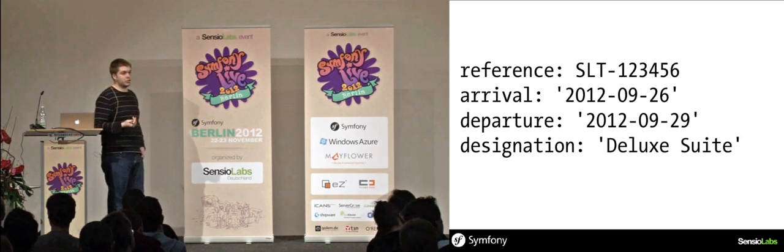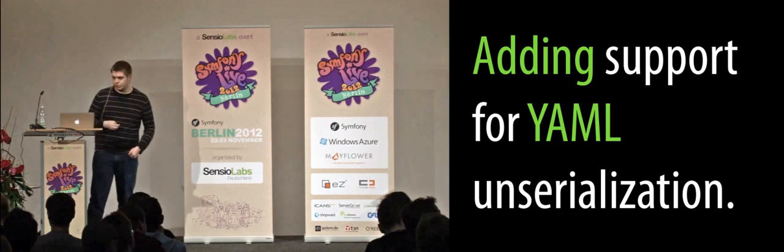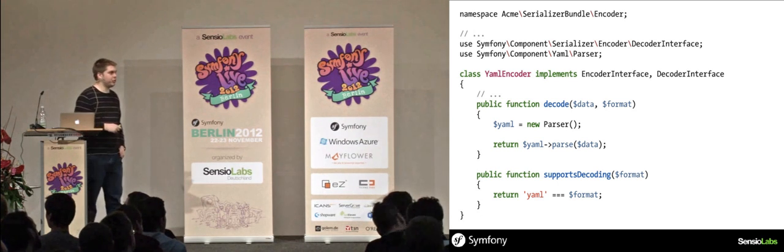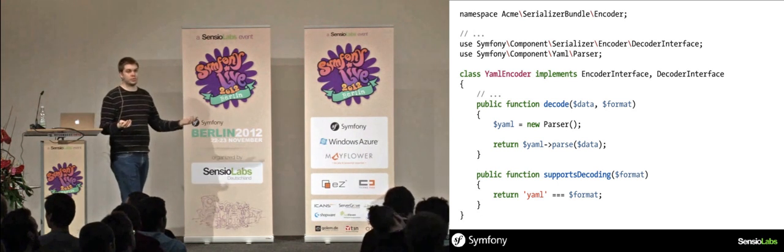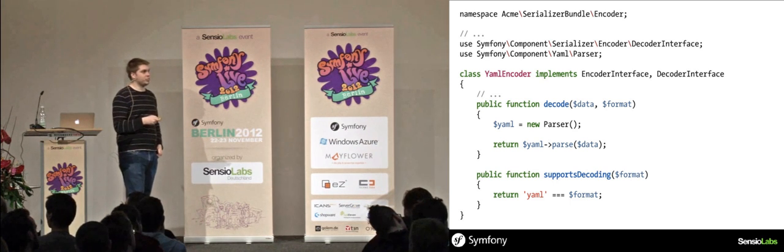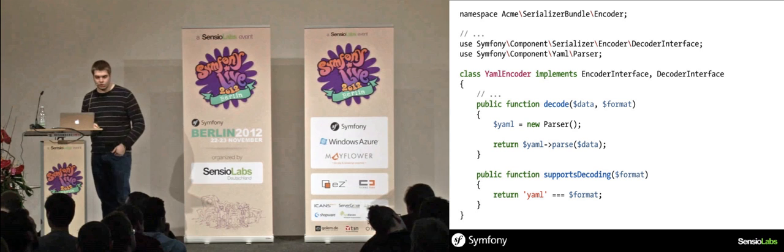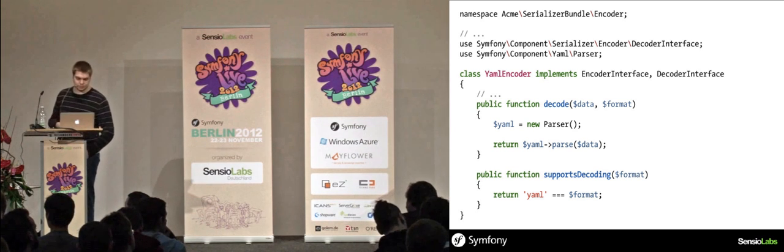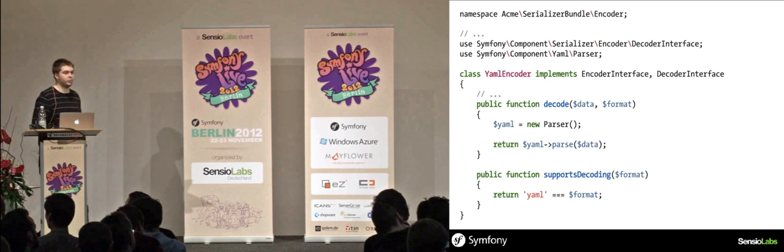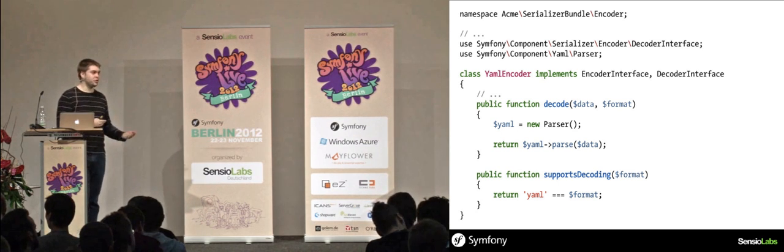And I can also implement a YAML decoder if I want to revert the YAML string to a PHP object. I can do that in the same class. I just have to implement the decoder interface, which forces me to have the decode method. And with the YAML component, I will pass the YAML string to convert it to a PHP array.